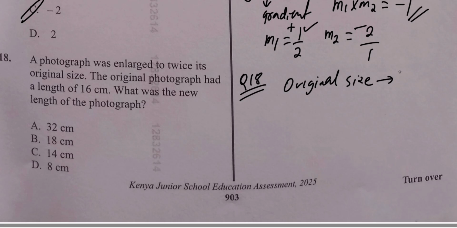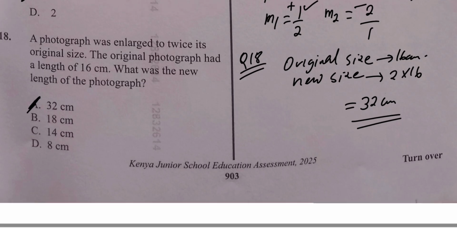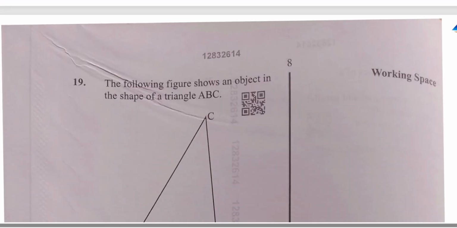So if the original size is 16 centimeters, the new size will be double the original. So you basically take 2 times 16, which is 32. So that's the new length. Such questions are very easy.